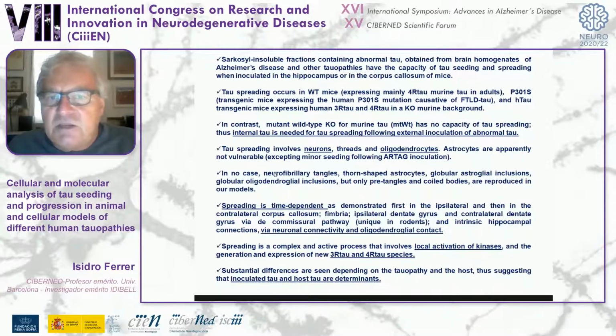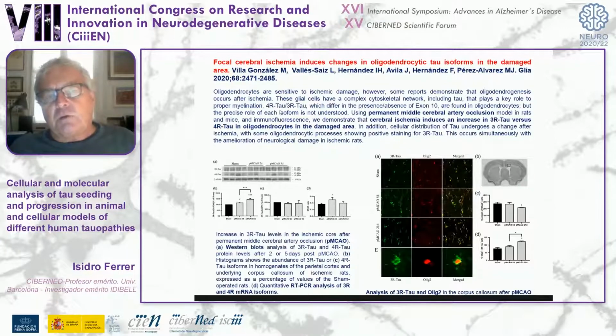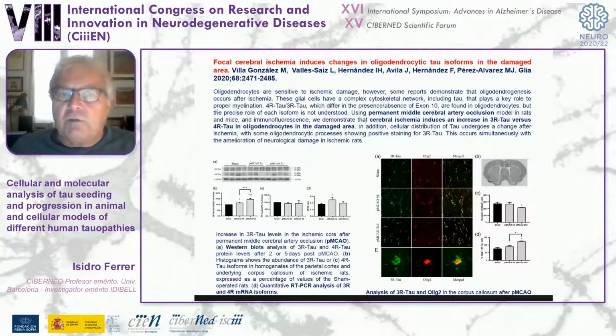So we are changing the expression of ratios of 3R versus 4R, or the contrary, when we inject some particular strains of host tau. This is a very interesting point because this is the first time that we can demonstrate that tau seeding and spreading can produce very important changes in the characteristics of tau, depending on the type of tau of the host.